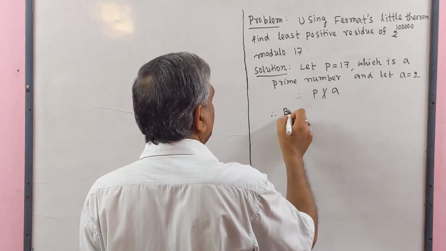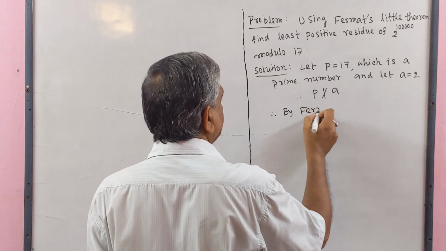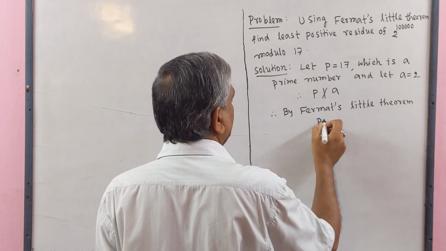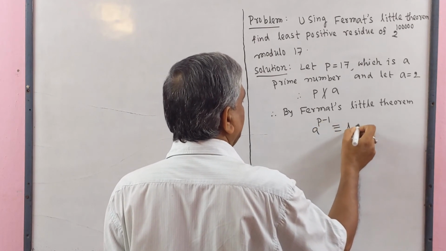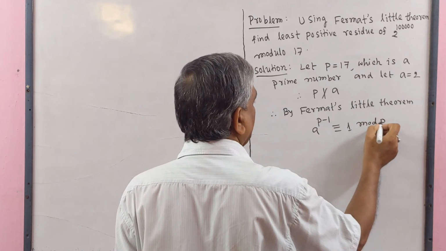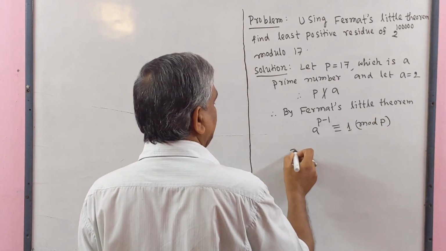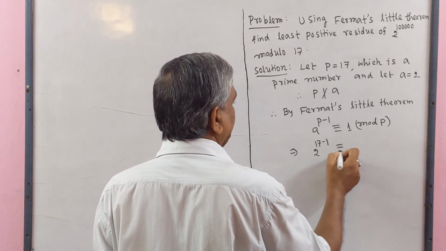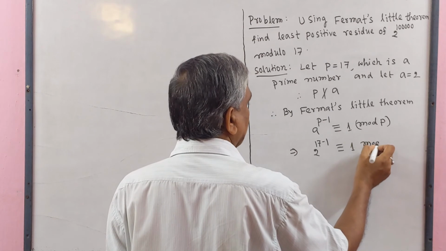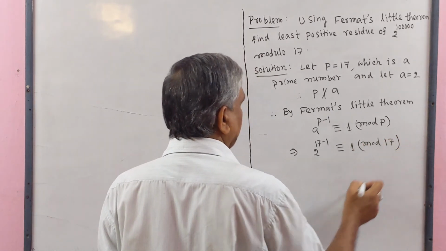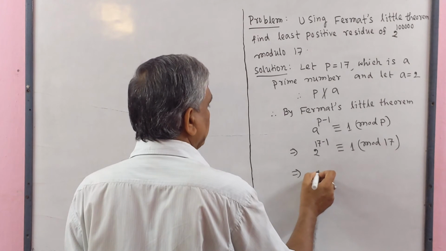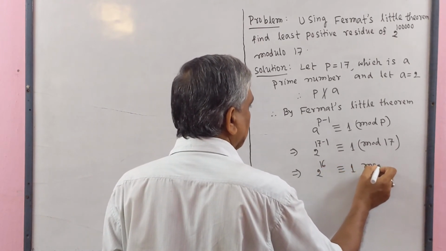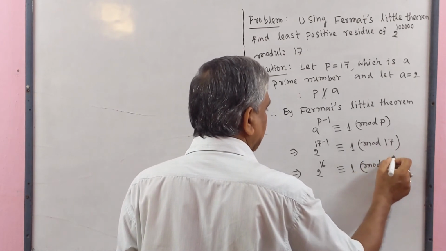Therefore, by Fermat's little theorem, a to the power p minus 1 is congruent to 1 modulo p, implies that 2 to the power 17 minus 1 is congruent to 1 modulo 17, implies that 2 to the power 16 is congruent to 1 modulo 17.